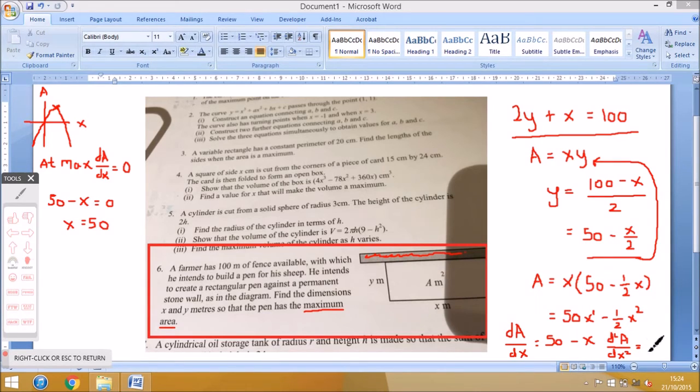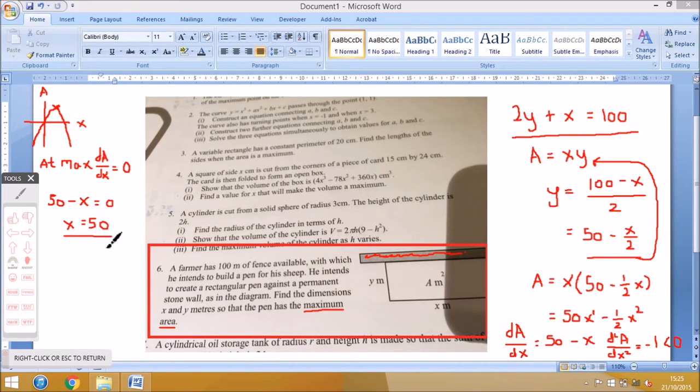We only have one x term here, it's just a −x, so if it's x to the power of 1, the 1 comes in front, multiplies with the −1, and the x effectively cancels out when you reduce the power by 1. So this is just −1. The second derivative is −1, and remember, for it to be a maximum, this second derivative has to be less than 0. This just proves to you that any stationary point on this curve is going to be a maximum.